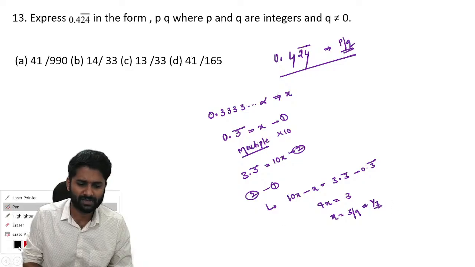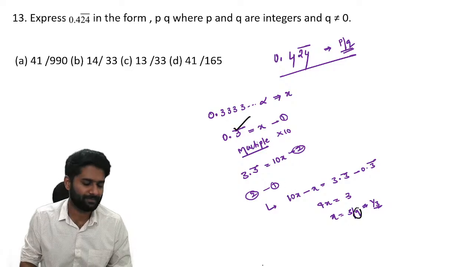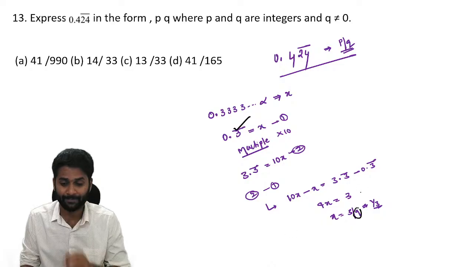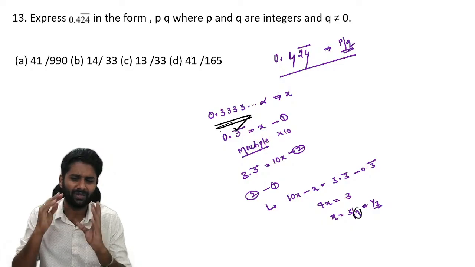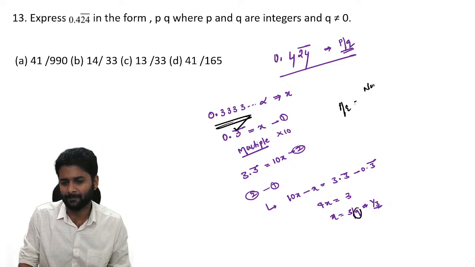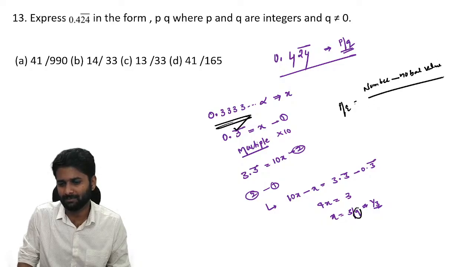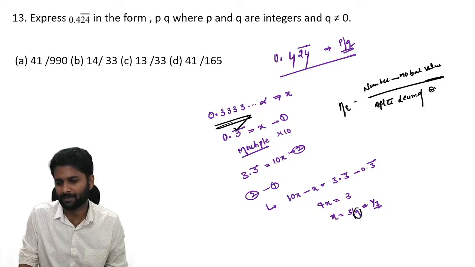So what is the observation in this calculation? See, if it is a 1 bar, then the denominator is 9. What about the numerator? Consider this as a number. See 0.3 bar: eliminate the bar value and decimal. If you want any fraction, consider the number minus the no-bar value, divided by... After decimal, each bar represents a nine.